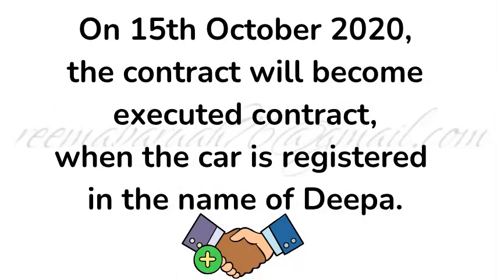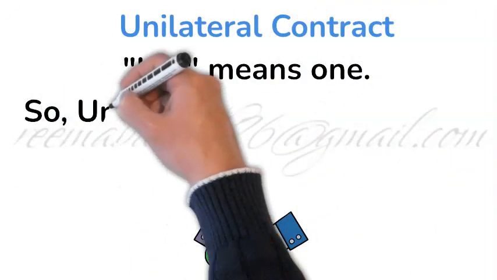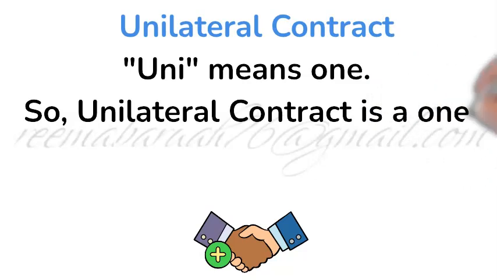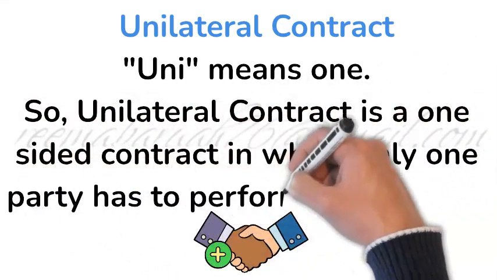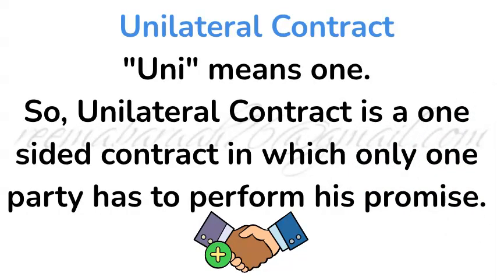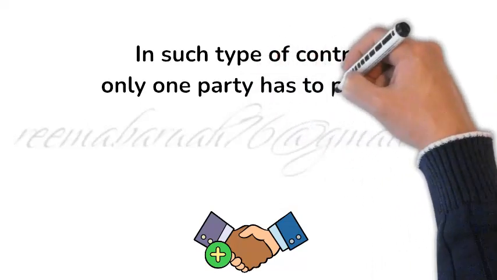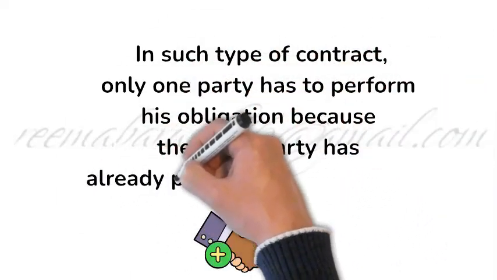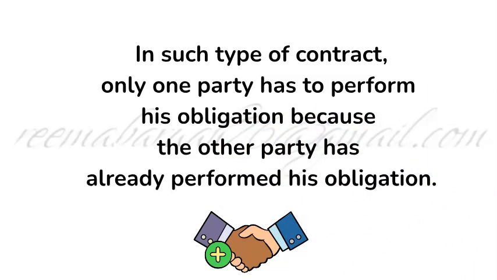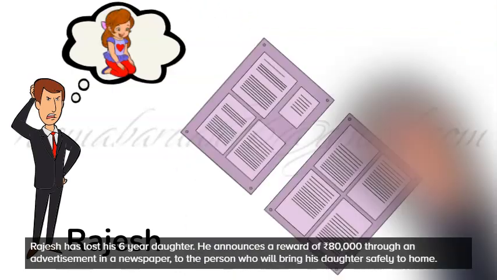Next, unilateral contract. Uni means one. So, unilateral contract is a one-sided contract in which only one party has to perform his promise. In such type of contract, only one party has to perform his obligation because the other party has already performed his obligation. Example, Rajesh has lost his 6-year-old daughter.